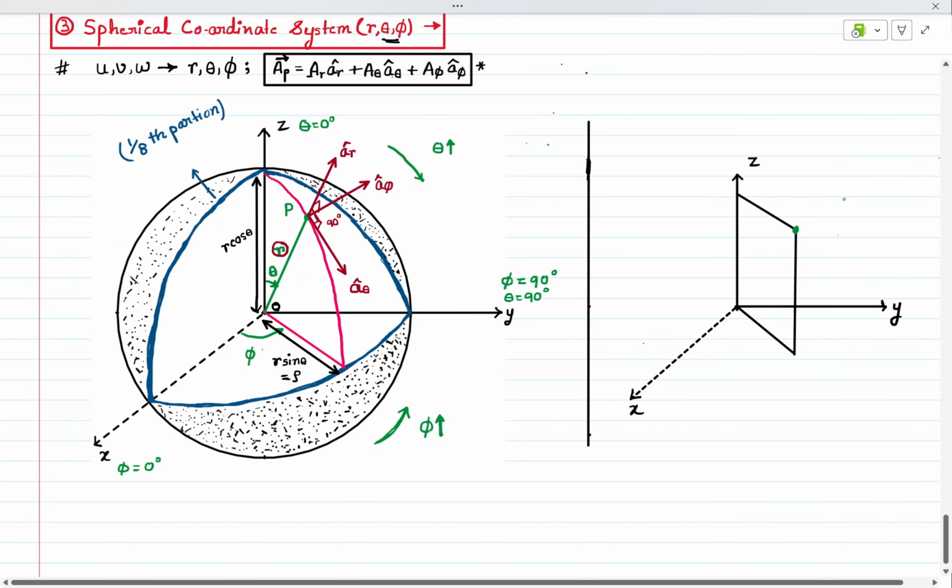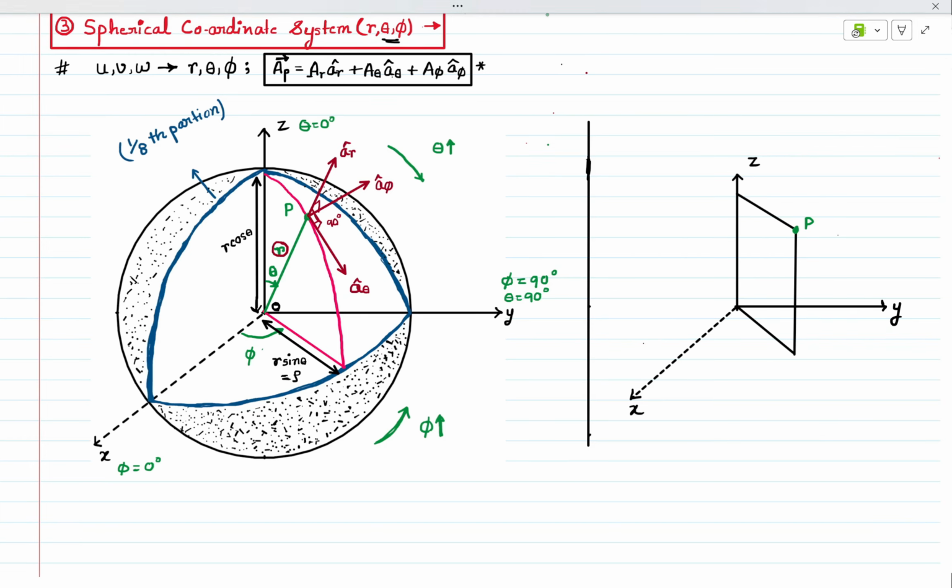It is the same point as P. Okay. And what is the R? R is the distance between the point P and the origin. Okay. It's the R.